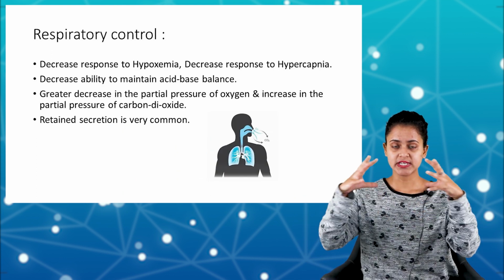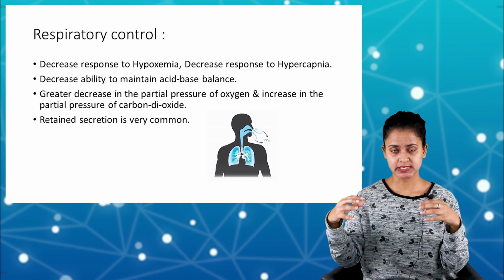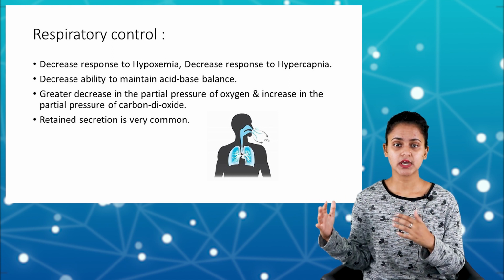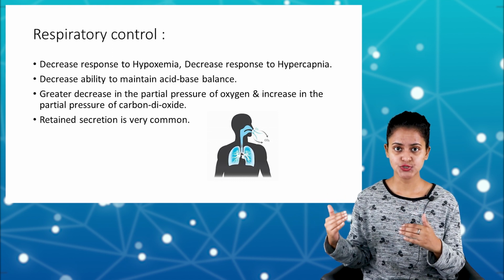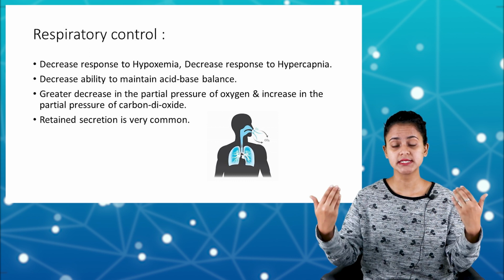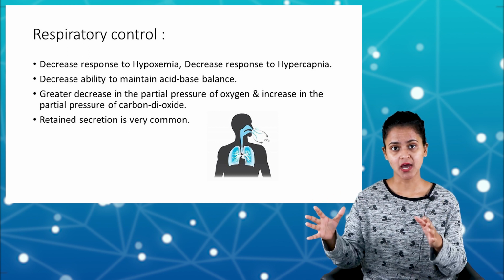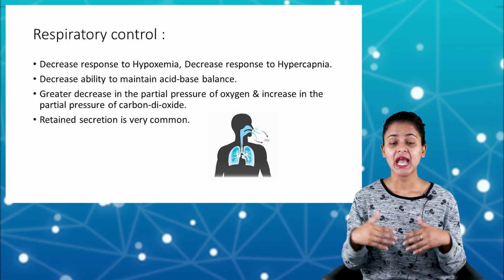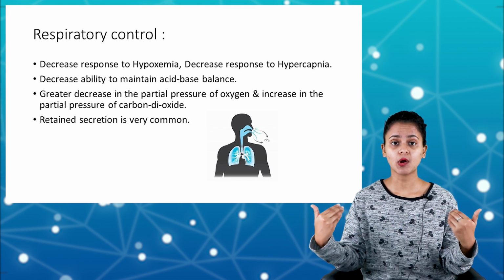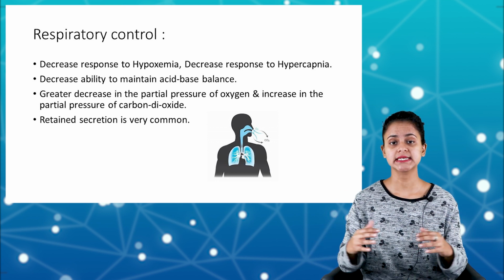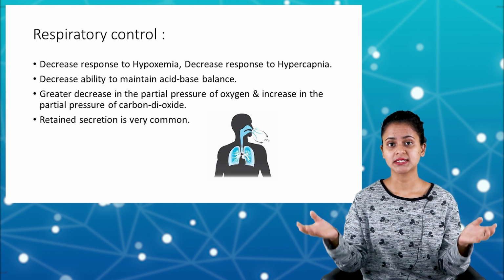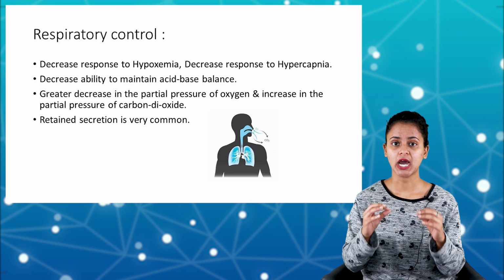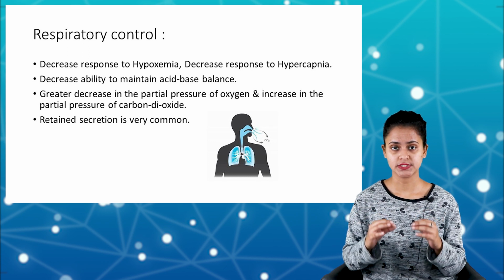As the respiratory system goes through certain changes, our older adult will have a high risk of developing acid base imbalance, and the bodily response towards hypoxia and even hypercapnia will decrease.